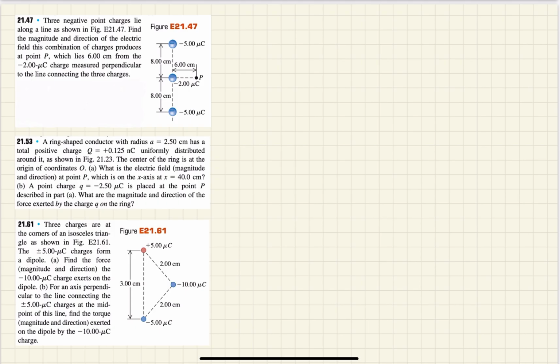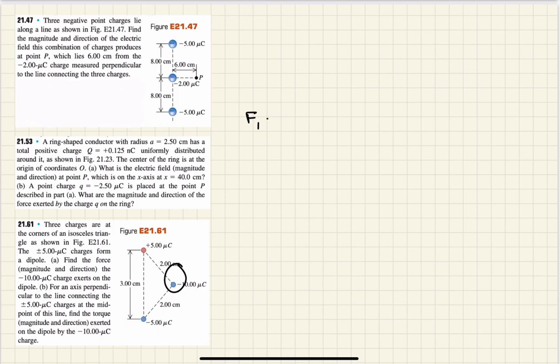This last one we have over here is using a dipole and calculating torque and stuff for that. First things first is calculating the force that this charge exerts on the dipole. How would you do that? Coulomb's law. You would do F1y, because all we care about is the y component. The x components don't really matter in this case.